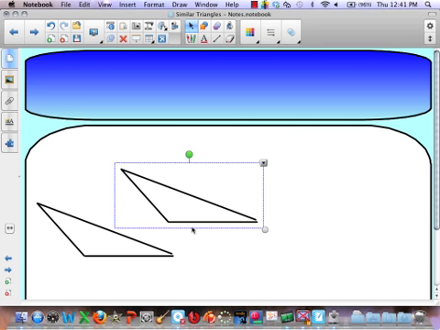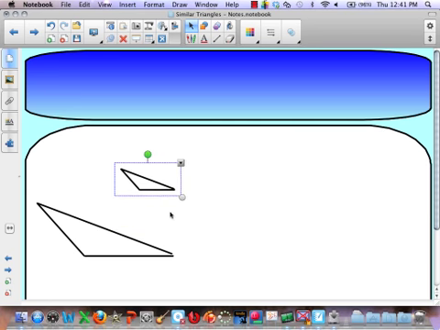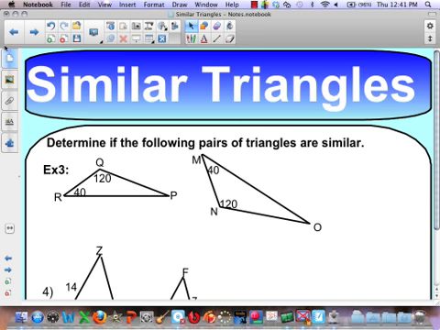Congruent. But if I take this shape and I scale it down, what do you notice about my angles? Do my angles change? No. Well, what about my sides? Yes. So just because I had two angles that are the same, does that make my triangle congruent? No. But it does mean that they are similar.